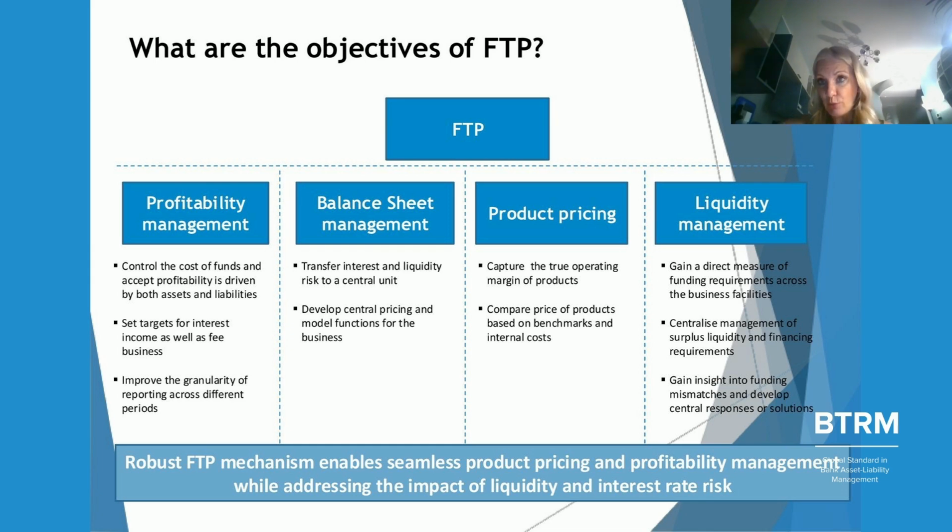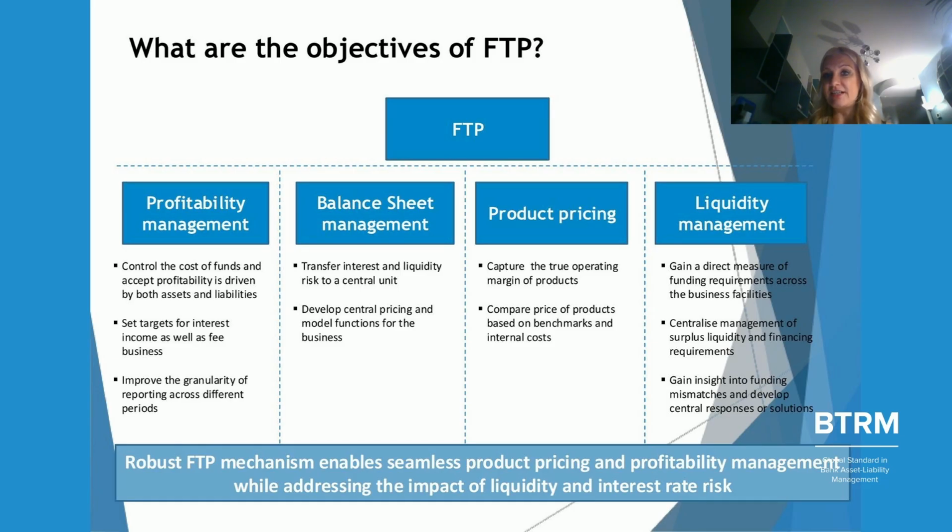First of all, you know it through FTP. You know what is the most requested tenor of your balance sheet. You know what is the most popular tenor on the liability side. What is the most attractive term on the liability side?